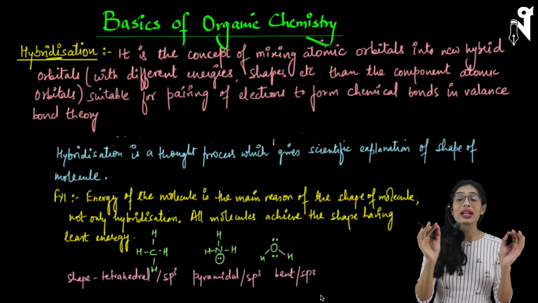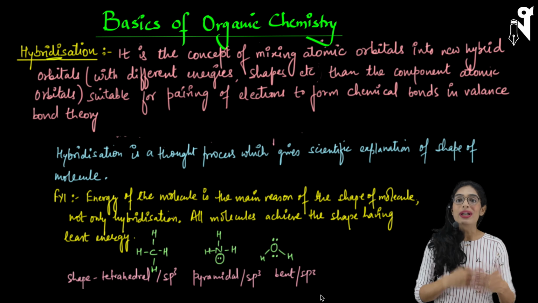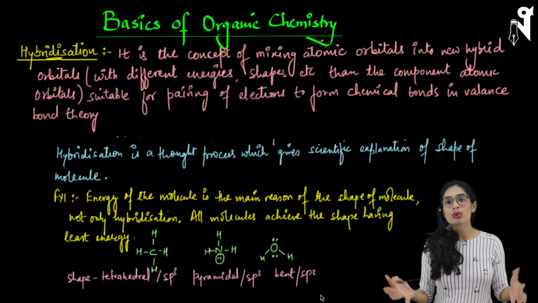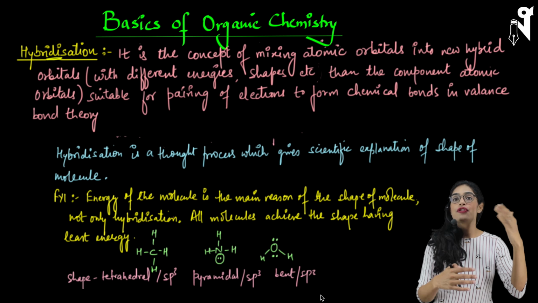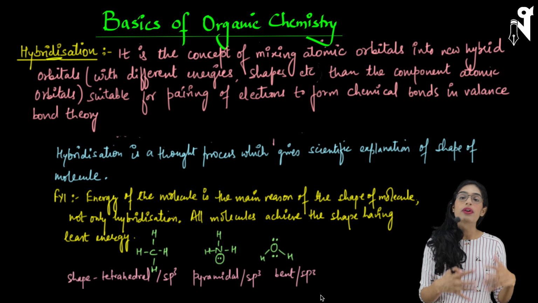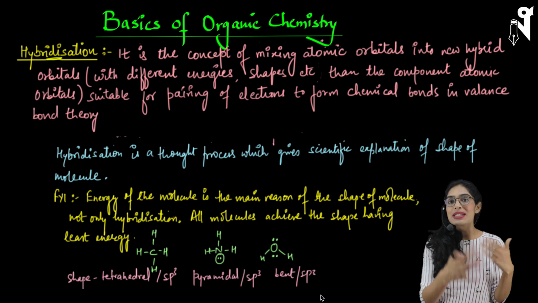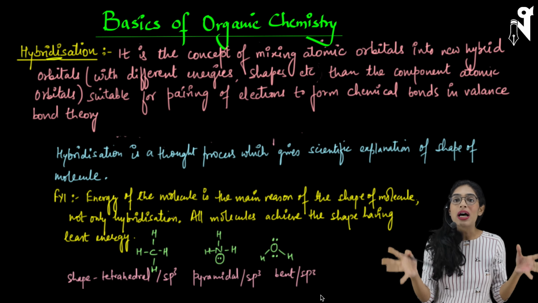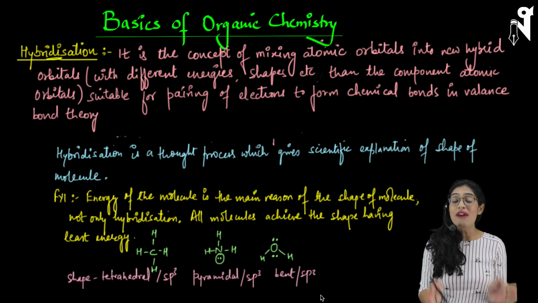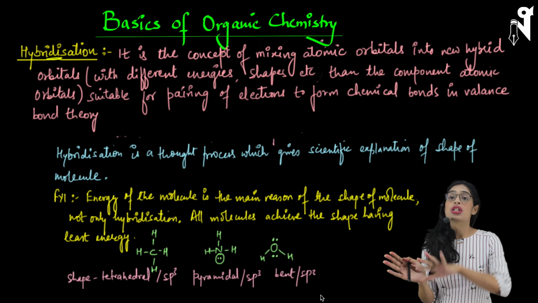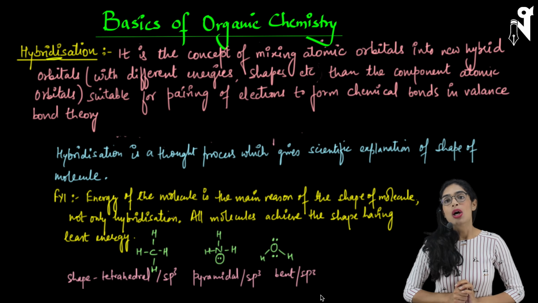So basically, what exactly is hybridization, or what happens in hybridization? All of us know that from one shell, different orbitals of different energies mix up together and then form hybrid orbitals which have different shape and energies as compared to their parent orbitals.